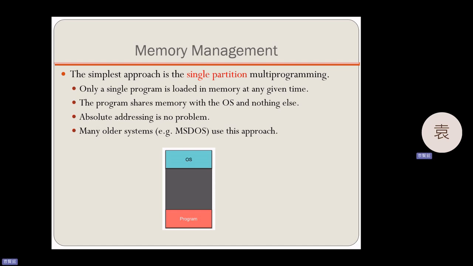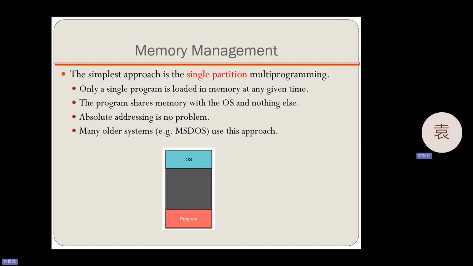In general they are set up like this, with the operating system always at one end, and the program started from the other end. So the actual addressing for this kind of memory management is no problem, because all the programs are loaded starting from, for example, location 0, up to the maximum, until they meet the operating system.